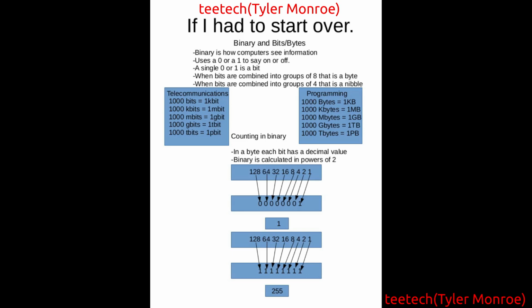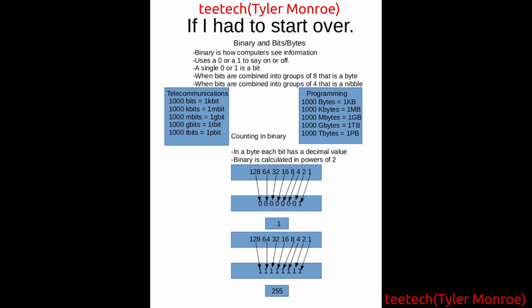So that's why zeros and ones very nicely line up with that. A single 0 or 1 is a bit. That's the smallest information a computer can see and process. When you take those bits and combine them into groups of 8, that's a byte, B-Y-T-E.